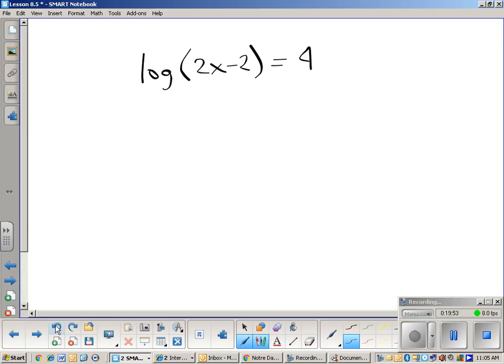What's the base of this log? 10. There's nothing there, right? So it's understood to be a 10. So this is really log base 10, and so 10 to the 4, remember 10 to this power is going to equal this number.